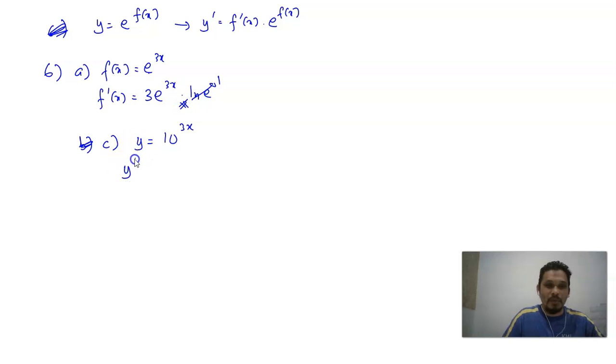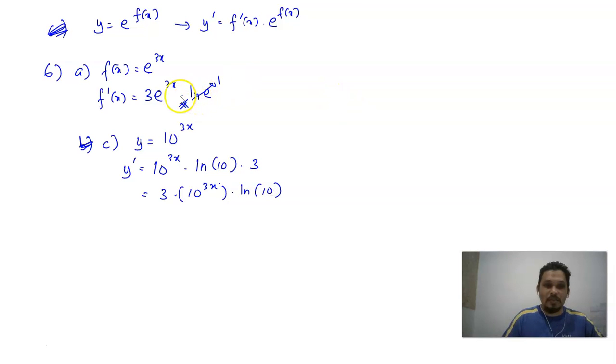So for this one, y prime equals 10 to the power of 3x, natural log of 10, multiplied with the derivative of 3x, which equals 3. So 3 multiplied with 10 to the power of 3x and natural log of 10.